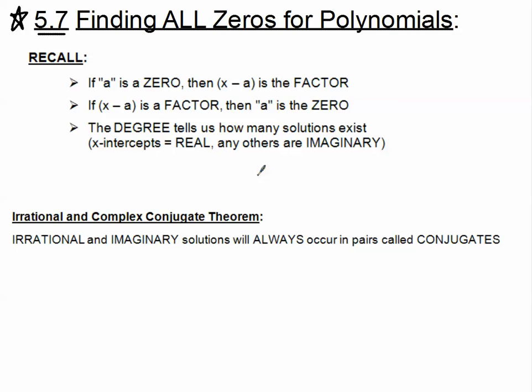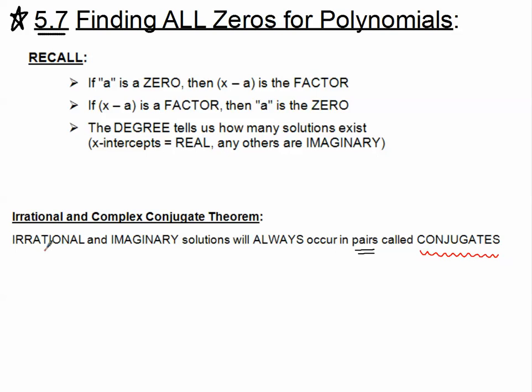today. Before we start writing our equations, let's look at the irrational and complex conjugate theorem. If we have irrational solutions, or if we have imaginary solutions, they will always occur as pairs called conjugates. We've already looked at this vocabulary word before, conjugates.